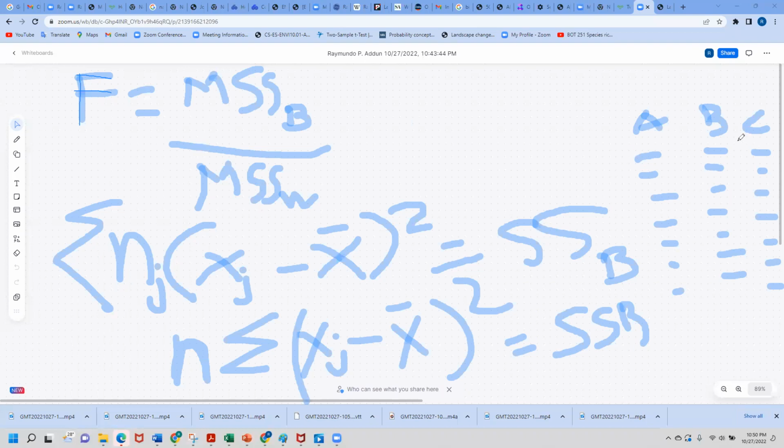So you have the mean of its group. A bar is the mean of its group, the average of these numbers. The same for B and C. The average of A is just this xj here, with xj being A in this case.